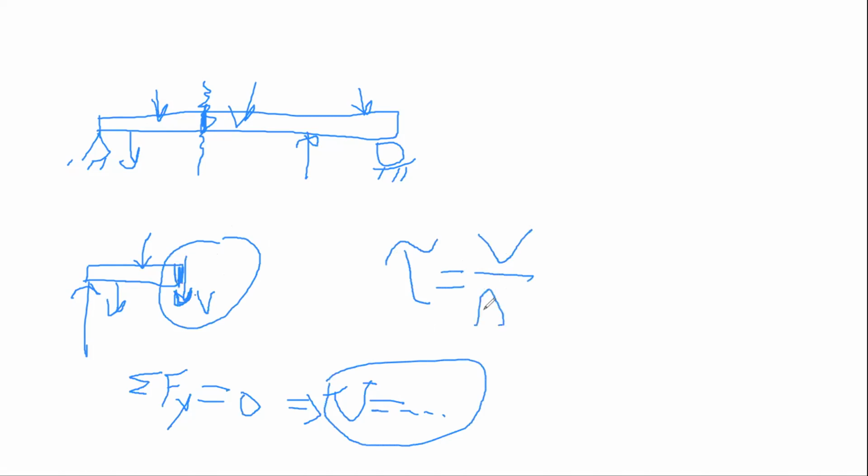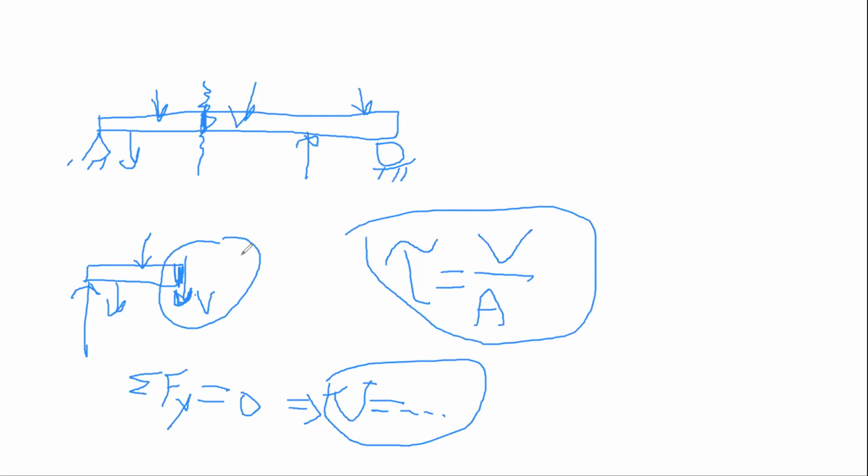Which means we have this problem with external force, then we make a section and find the internal force. This shear force is an internal force, and then we divide by A.